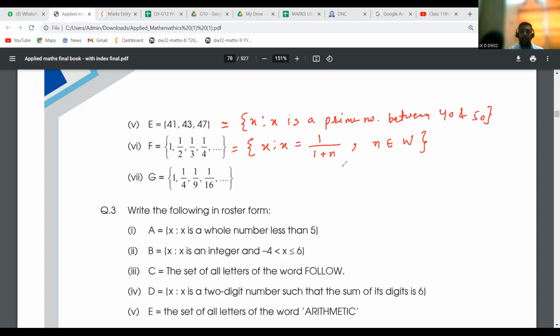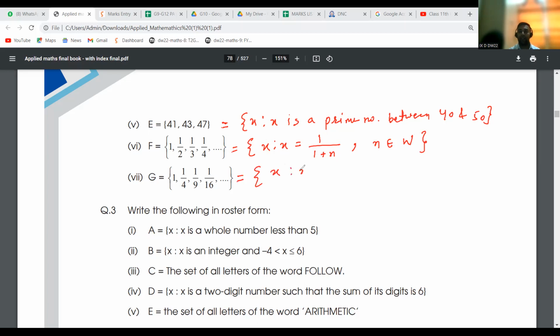So if you put 0 here, first of all, 0 is the first whole number. So if you put 0 here, it will be 1 upon 1, which is the first term. Then if you put 1 here, it will be 1 upon 2, which is the second term, and so on. It will go on forever till infinity, right?